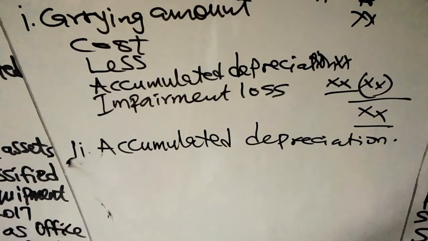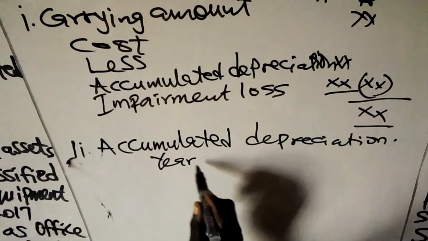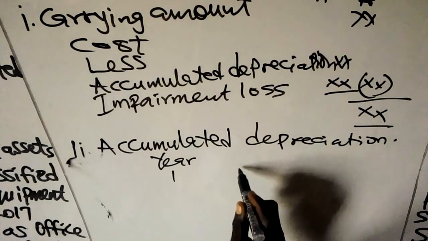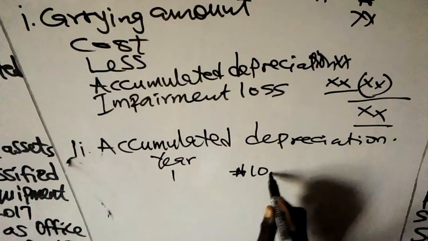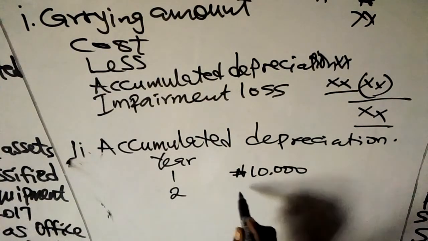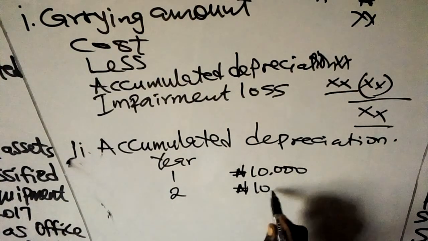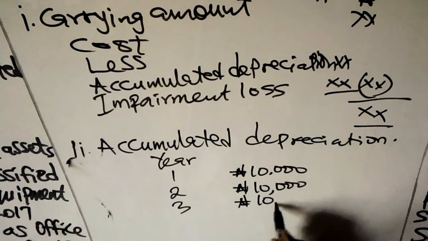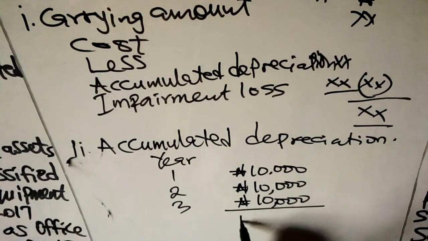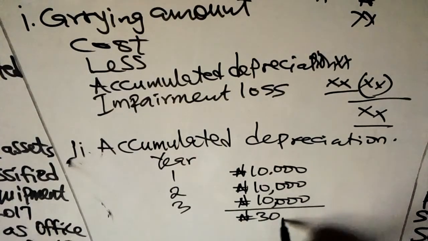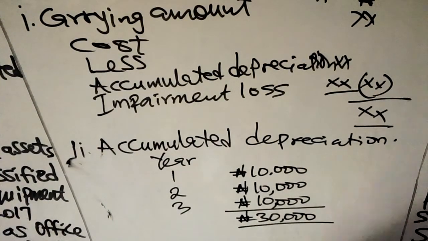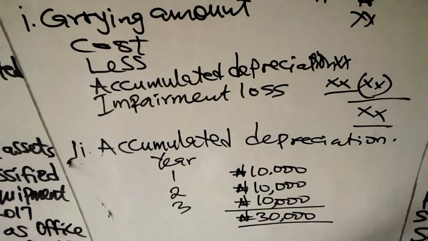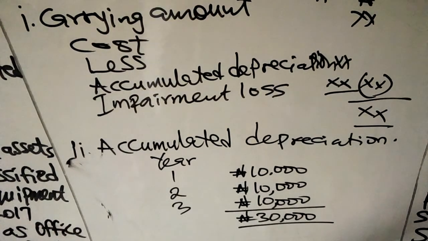In year 1, you have depreciation of 10,000. Year 2, you have depreciation of 10,000. Year 3, depreciation of 10,000. The total depreciation over the 3 years period is 30,000. This 30,000 is said to be the accumulated depreciation on the assets for the 3 years period.